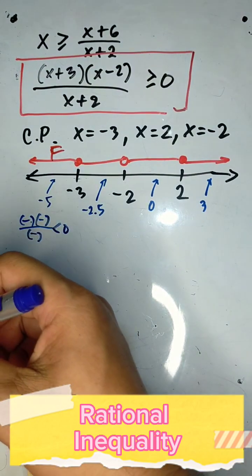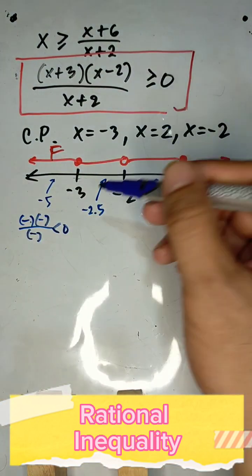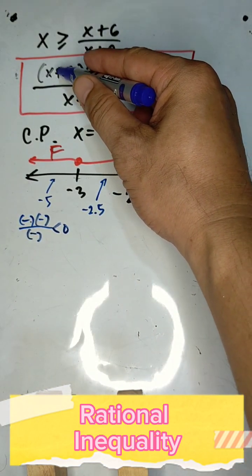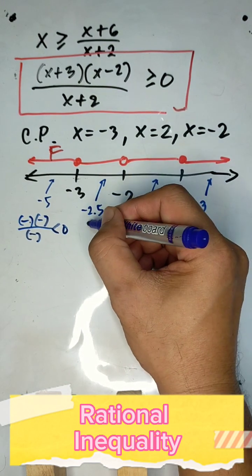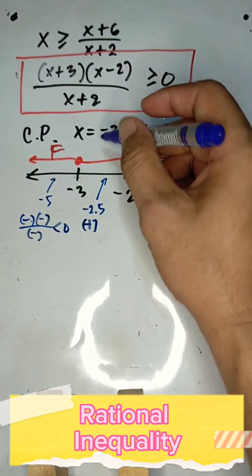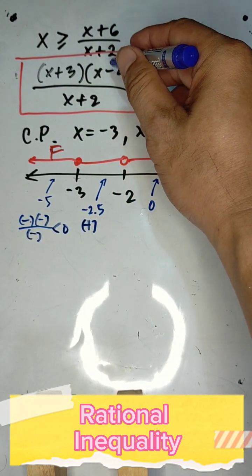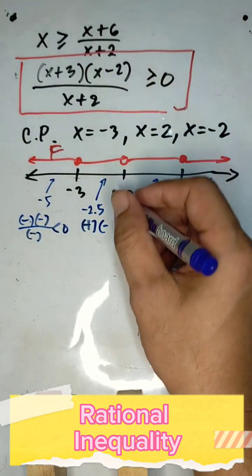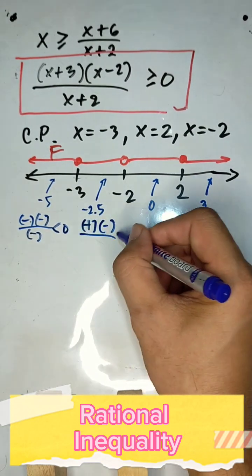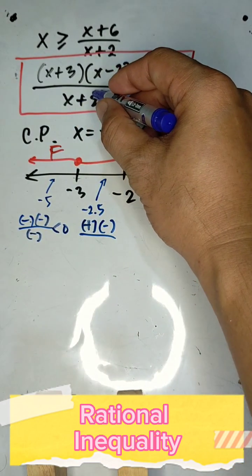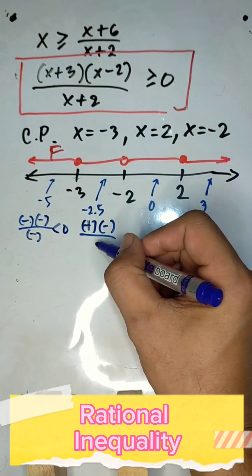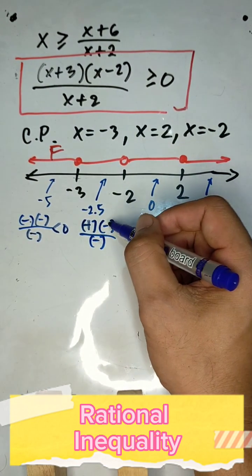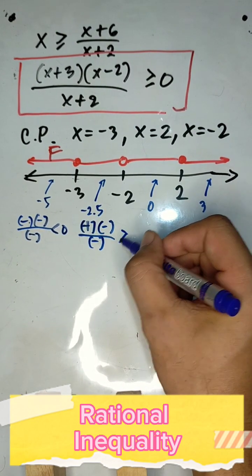Next, if we have negative 2.5, that's negative 2.5 plus 3, which gives us positive 0.5. Negative 2.5 minus 2 gives us negative 4.5. Negative 2.5 plus 2, negative is bigger, so that gives us negative. So positive times negative is negative, and divided by negative gives us positive.